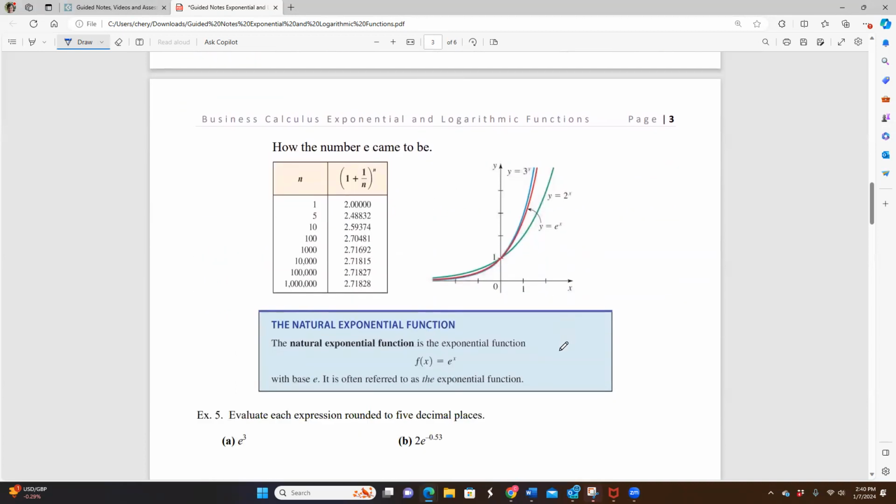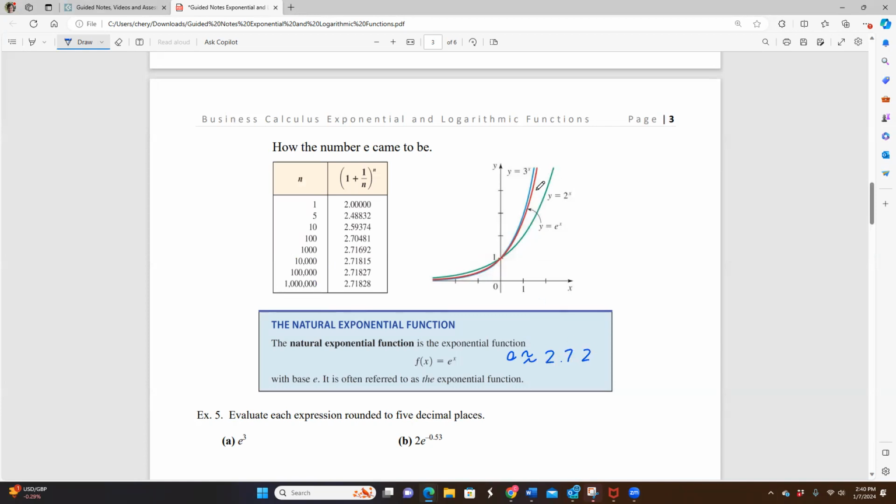Right. So another exponential value that we often use is e. e is what happens when you compound continuously. So the natural exponential function is the exponential function f of x equals e to the x. Now, e is approximately the number 2.72.